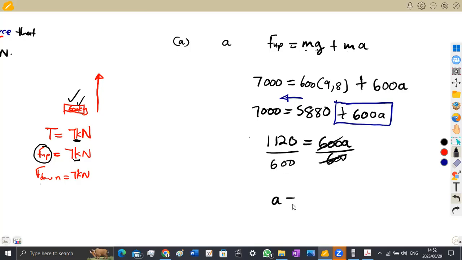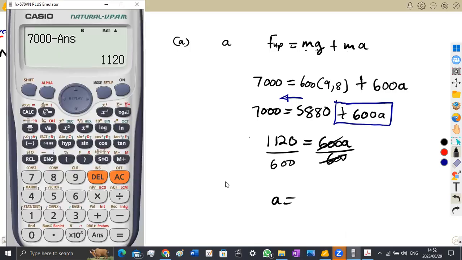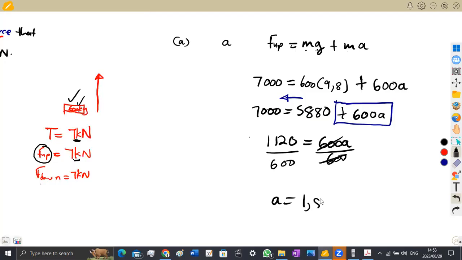This answer divided by 600 is going to be 1,866. To 2 decimal place or 3 decimal place, depending on what you're given. If they say 3 decimal place, it's going to be 1,867. So this is acceleration, and our acceleration is supposed to be what?